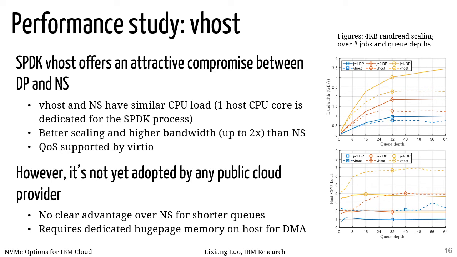Because the VirtIO library is involved, quality of service is supported. However, it's not yet adopted by any public cloud providers because there's no clear advantage over VirtIO block for shorter queues, and it requires dedicated huge page memory on the host for DMA.